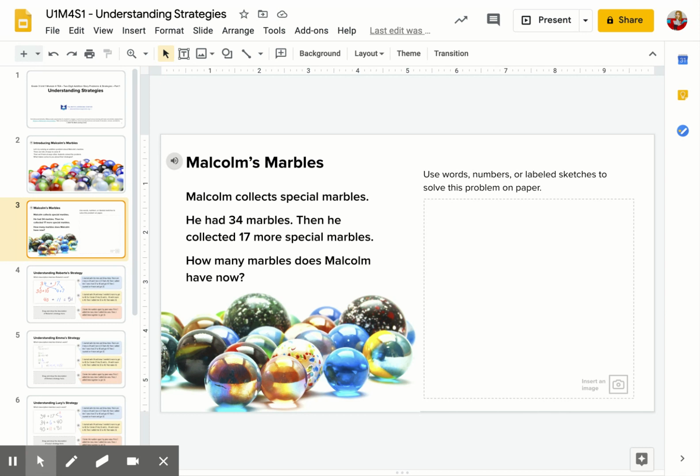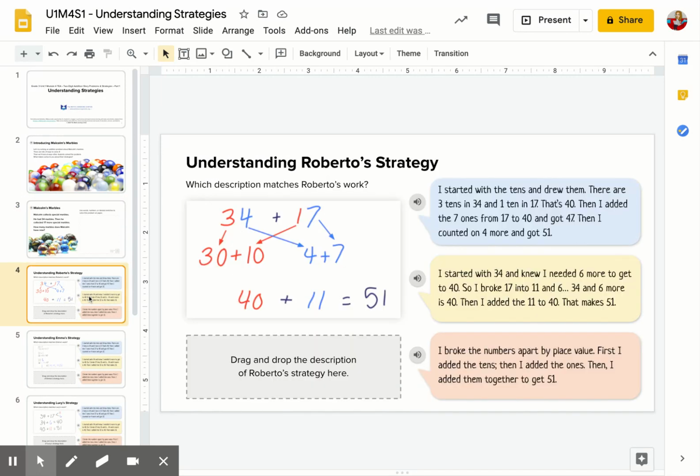All right, I'm assuming that you have done this problem and put your picture up here. I'll check that later. The next thing that you're going to do is click on this slide and look at this student's work. So this is one of the ways that somebody thought to do this problem. And then each one of these tells you the one way that you could think about it.